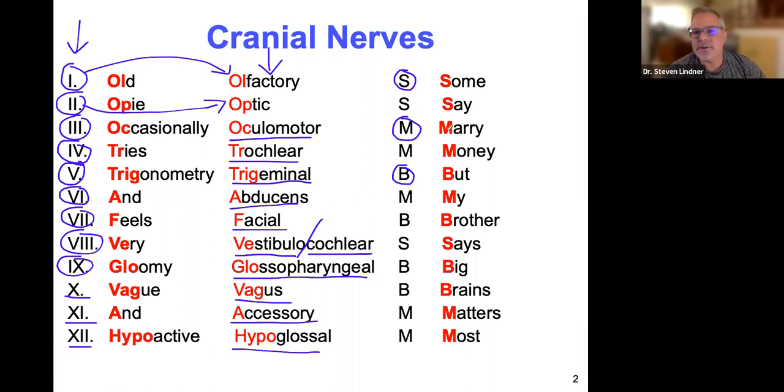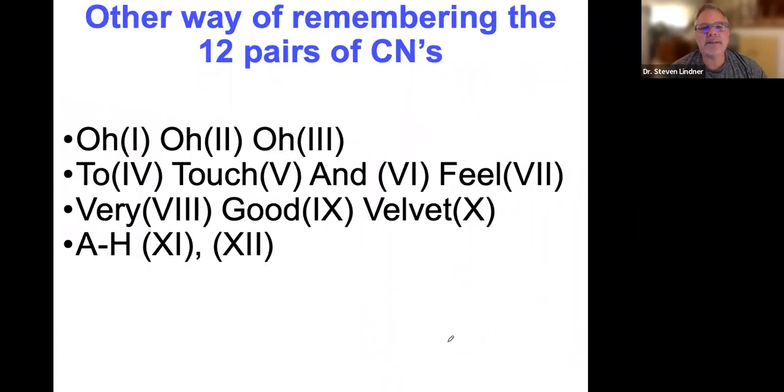So when you take the first letter of each, it tells you whether it's sensory, motor, or both. Okay, now you can memorize that silly mnemonic. The one that I remembered was some say marry money, but my big brother says big business marries money. So whichever you want, you can play that back and see which one suits you best.